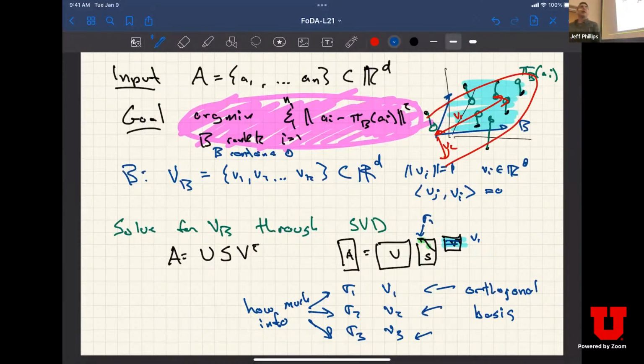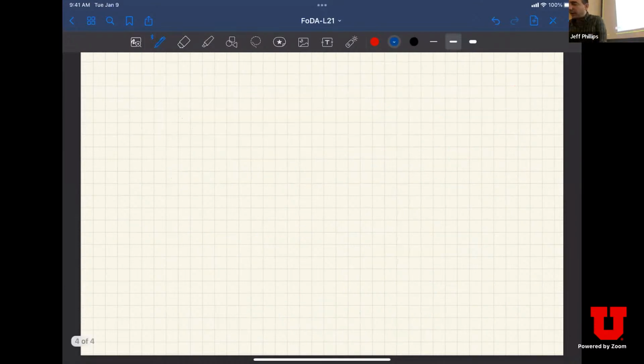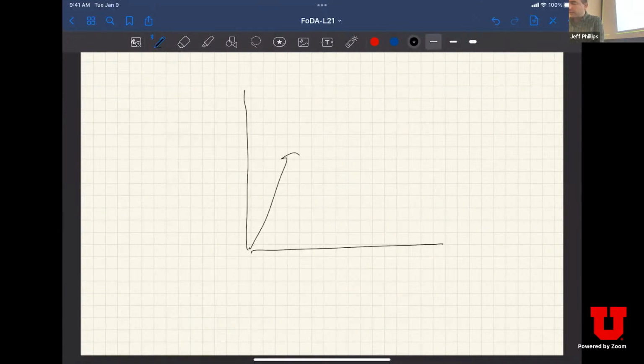The basis I found is representing B. What I'm doing so far is finding this subspace.